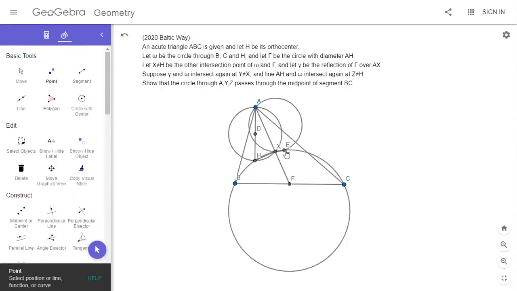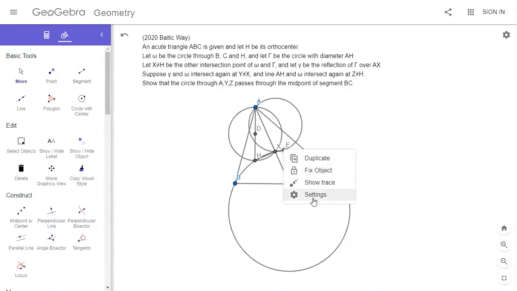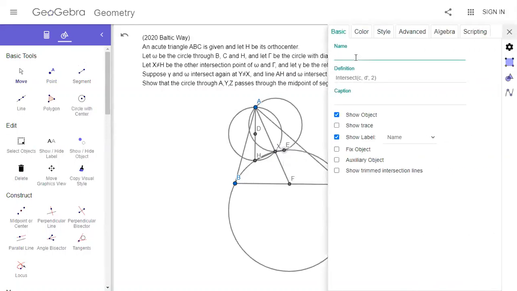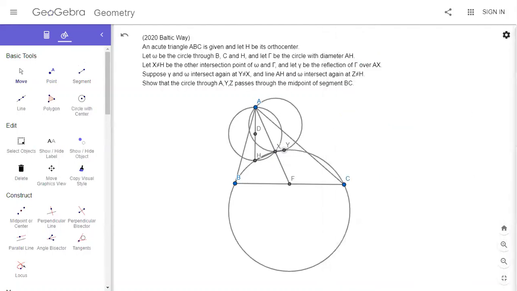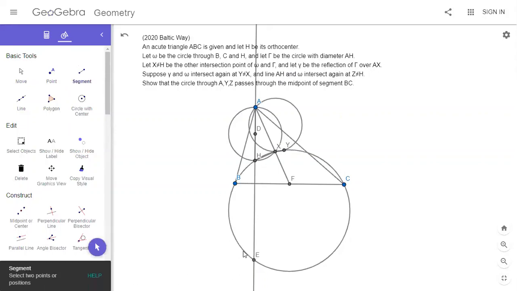Interesting. So that point is Y. And AH, okay, we do need this circle, because Z is really the reflection of A over BC. I could prove that later.